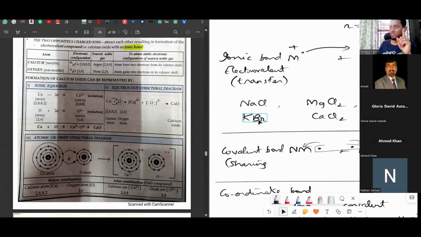And bromine is a halogen, so 7th group, with 7 electrons. So potassium donates 1 electron, and bromine takes that 1 electron. Clear? Same as NaCl. And calcium chloride is the same as magnesium chloride. Calcium wants to give 2 electrons, chlorine can only take 1. That's why 2 chlorines join with calcium. Is that clear, everyone? Yes, sir.